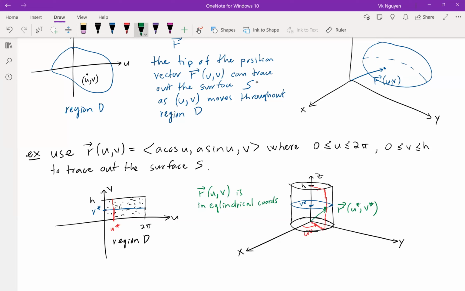And if you keep moving the vector, you're gonna trace out more points. So you're gonna trace out the entire surface.